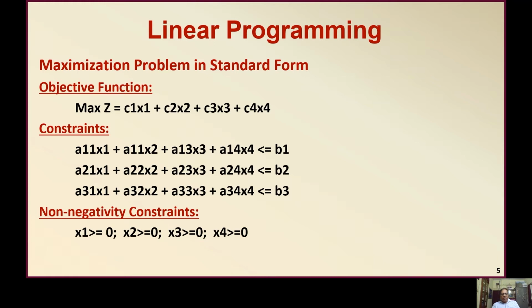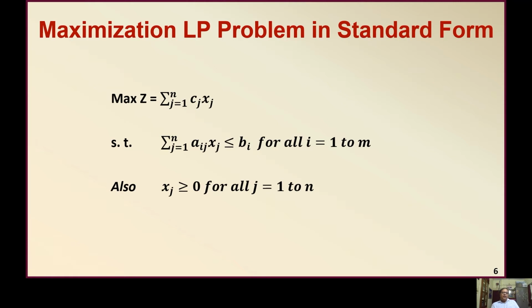And these b1, b2, b3, the small b's, are actually the resources. So there are 3 resources and the quantities available are b1, b2, and b3 respectively. And then we have the non-negativity constraints, that x1, x2, x3, x4 are all greater than or equal to 0.